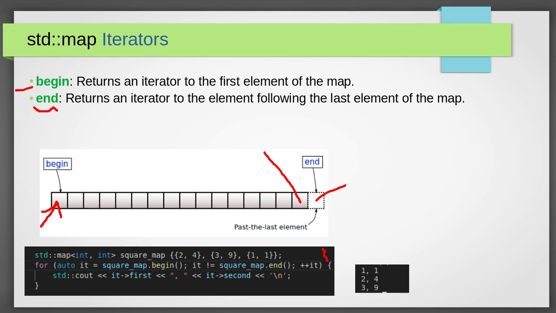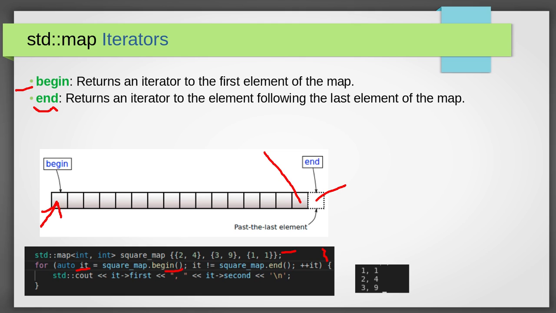Here is an example. How can I use iterators to loop over the map? This is the declaration of the map, and I'm trying to iterate over the map and print its keys and values. So the loop starts with it equal map.begin.